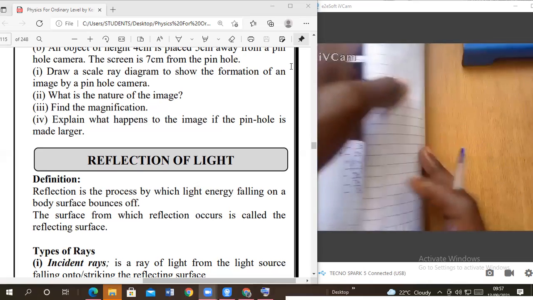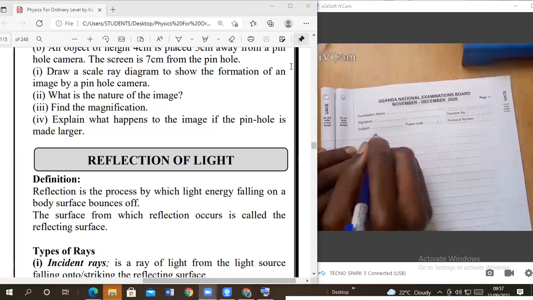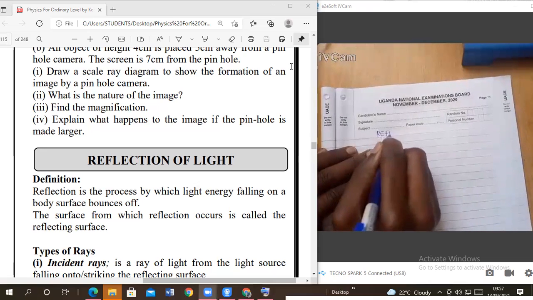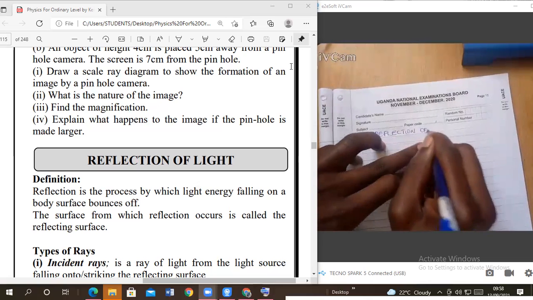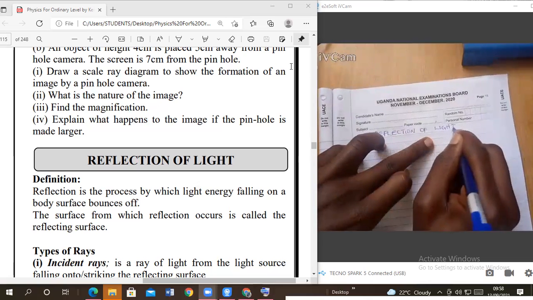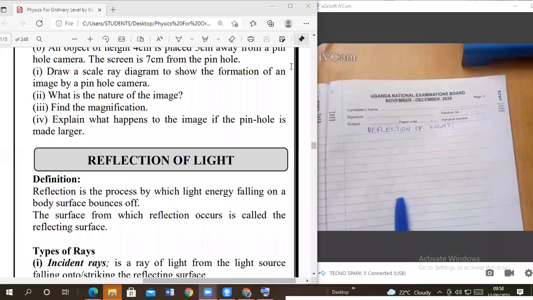But let's start with the first one, which is reflection of light. Subheading: reflection of light.